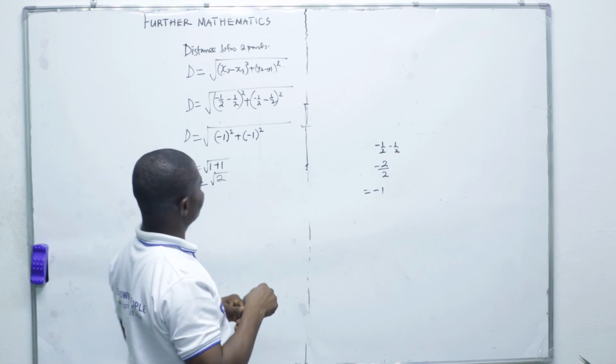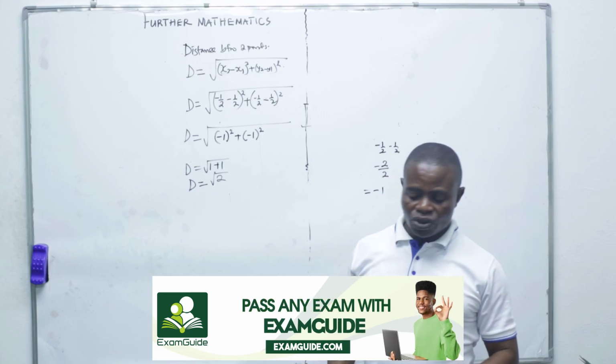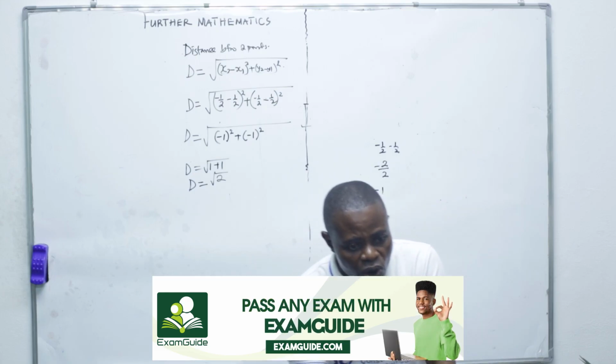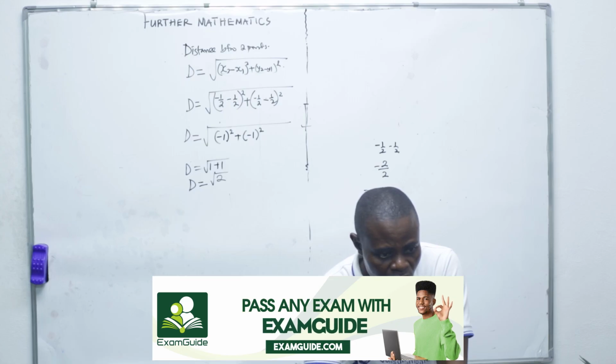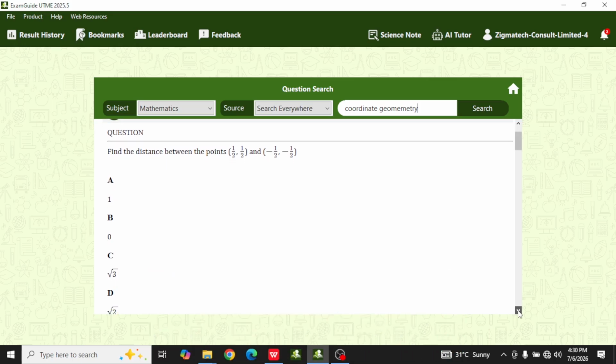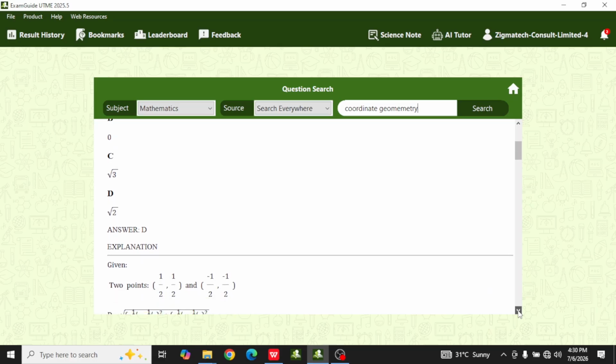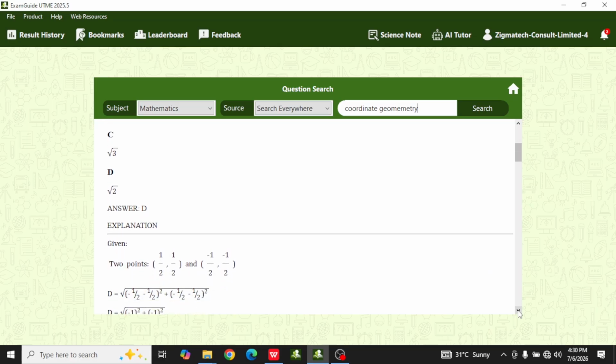So the distance between these points is what? √2, and that becomes the solution. So you can see option D is the correct answer. So let's go to another question.